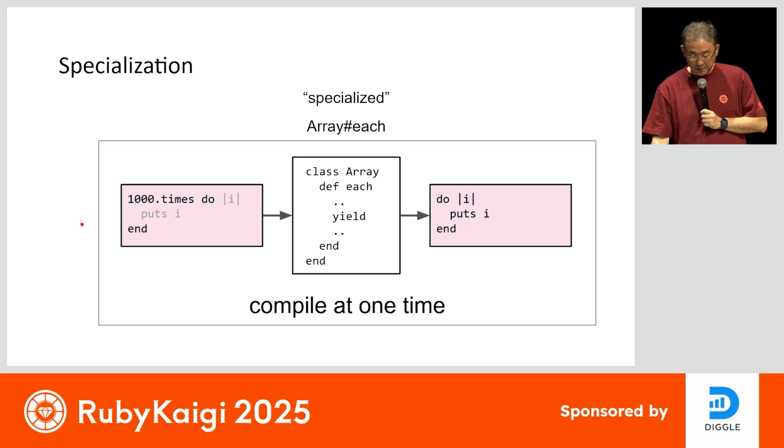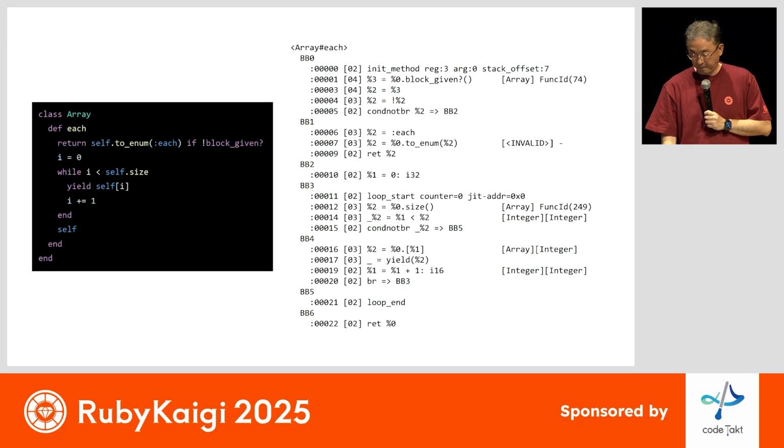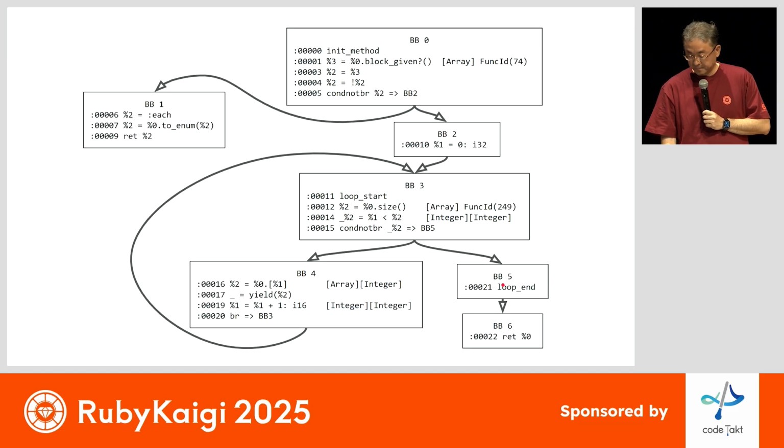So the idea is to compile the caller method and methods like Integer#times and the block all at once, and write Integer#times itself in Ruby, not Rust, to use trace information efficiently. This is Integer#times in Ruby, and this is the bytecode, and this is the call graph.